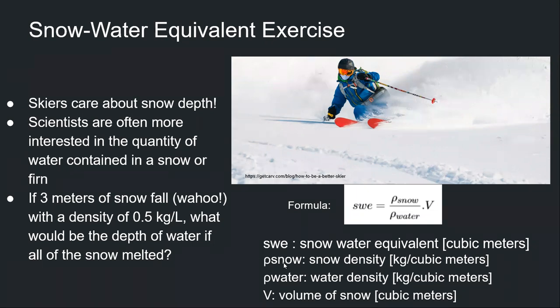Rho snow is the density of snow, rho water is the density of water, and V is the volume of snow. So the formula says that the snow water equivalent is equal to the density of snow, 0.5, divided by the density of water, 1 kilogram per liter, multiplied by the volume.